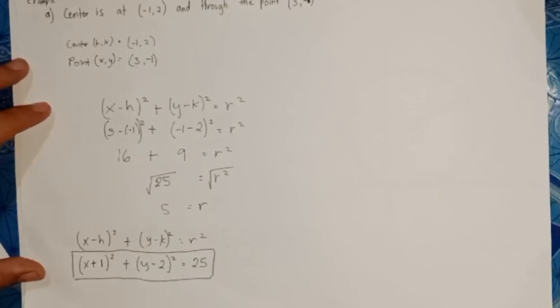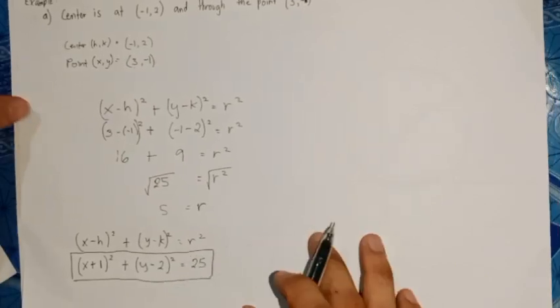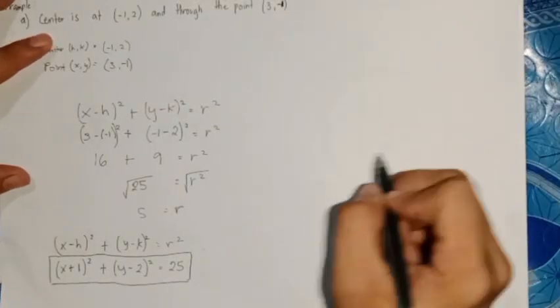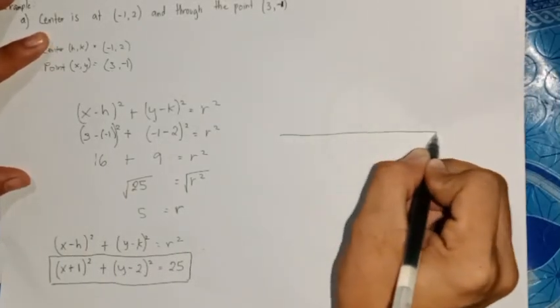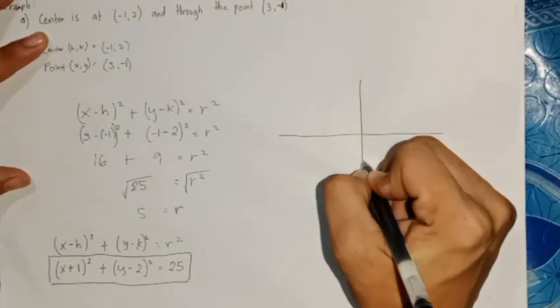Now, let's graph this circle. Let's make a Cartesian plane.